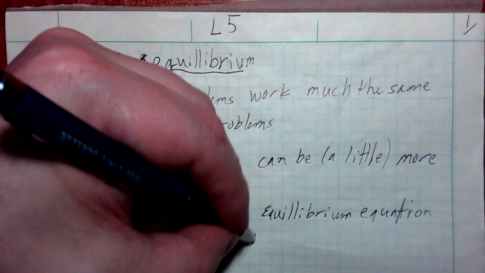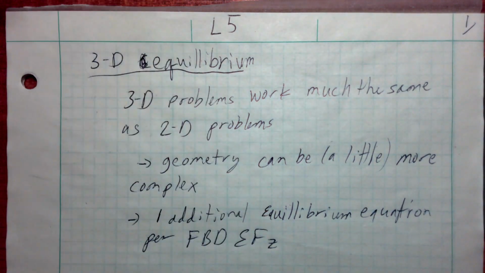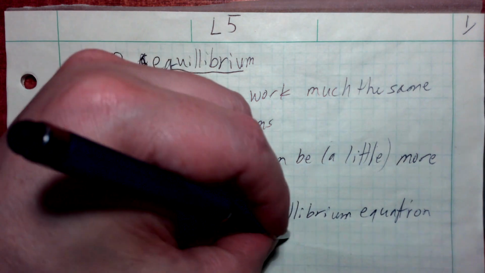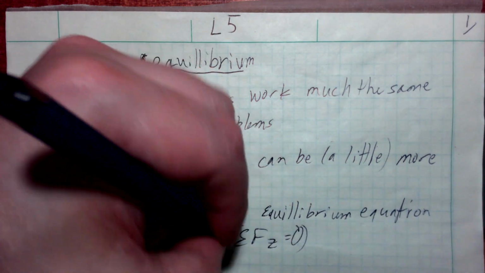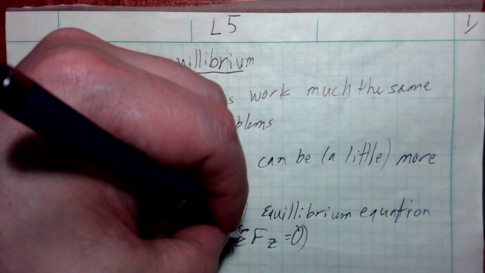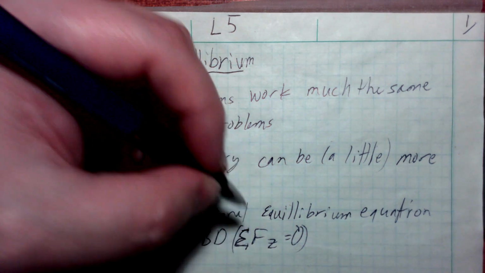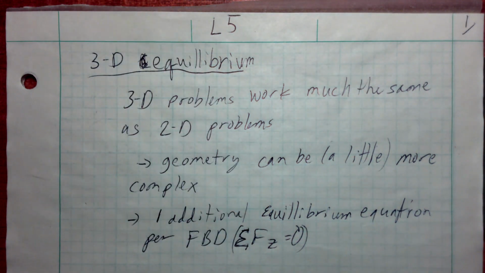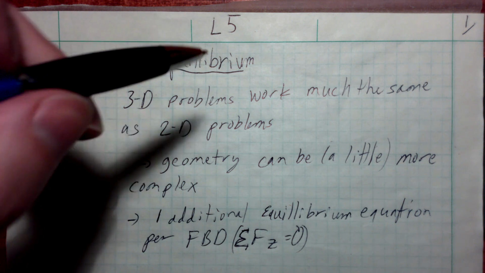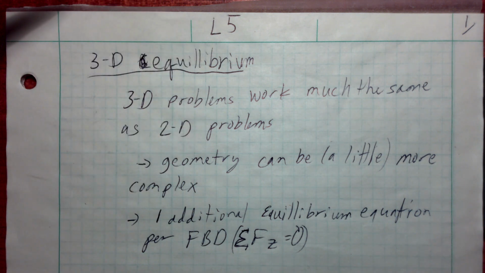You have now the sum of forces in the z direction. And then when we get past chapter 4, when we start getting into chapter 5 and beyond, you'll find we're also going to have moment equations. And in a 3D problem, you have 3 moment equations per 3-dimensional free body diagram.